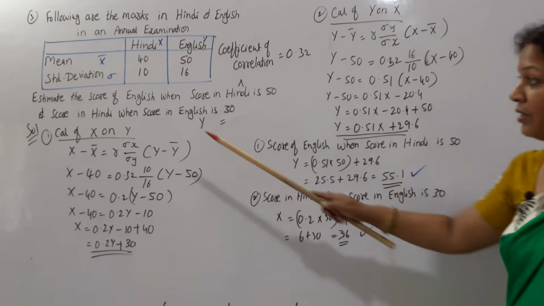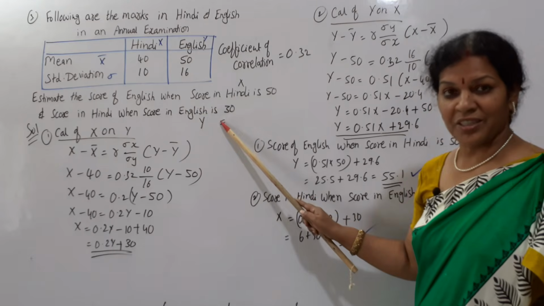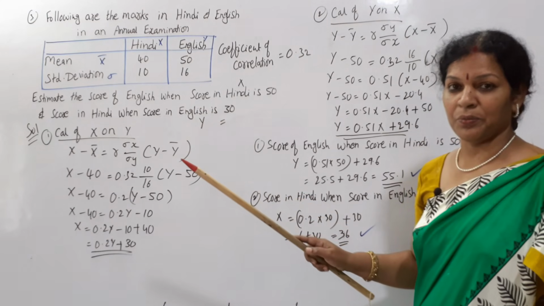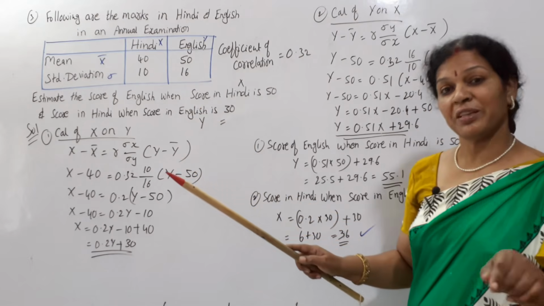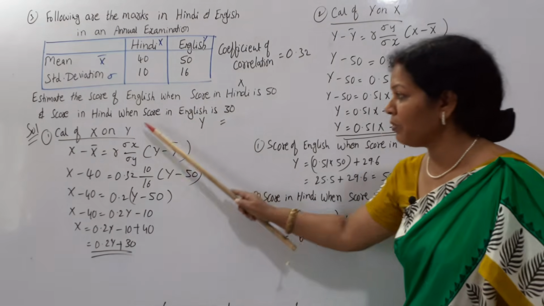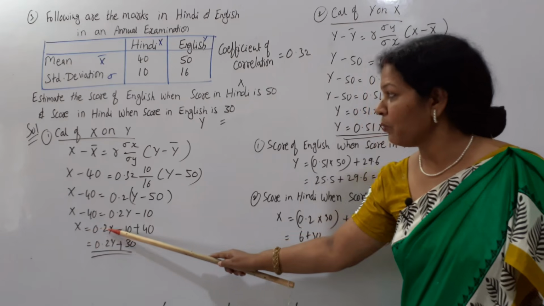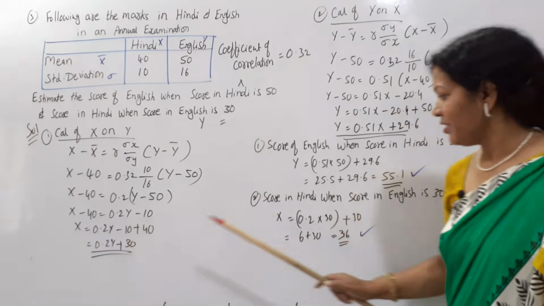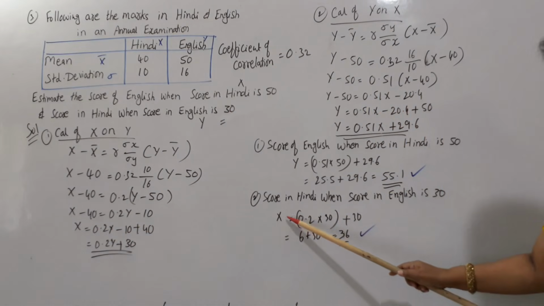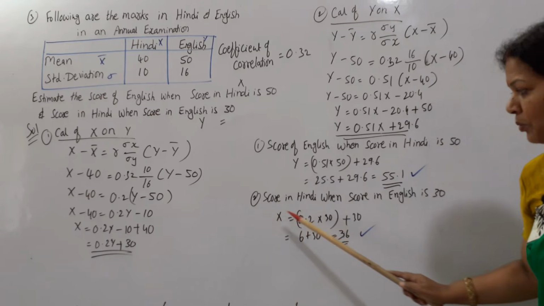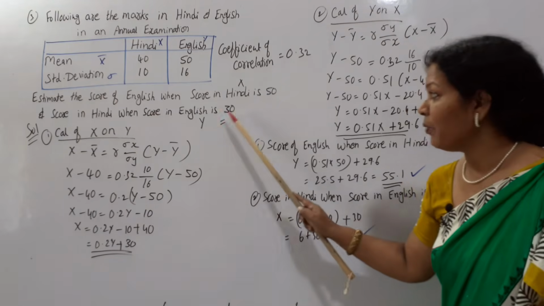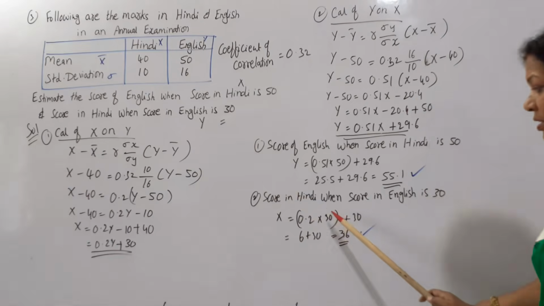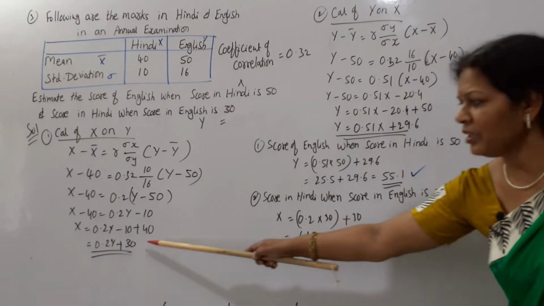In the same way, when y is 30, find out the x value. Find out x value means you have to take the x on y formula. X on y formula is this one. So when y is 30, this will apply. X on y formula is equal to 0.2 into y. Y value is given 30 and plus 30 anyway as per the formula.